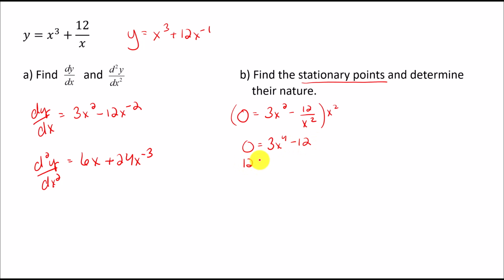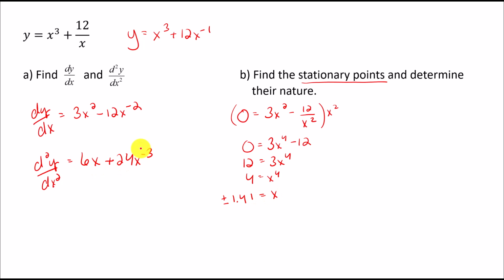I can move my 12 over, divide by 3, and when I take the fourth root, I get plus or minus 1.41.